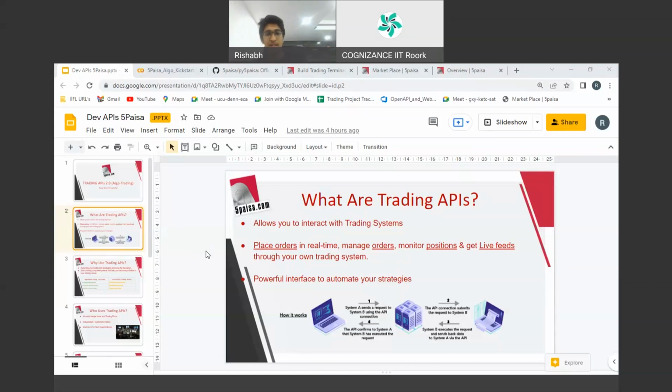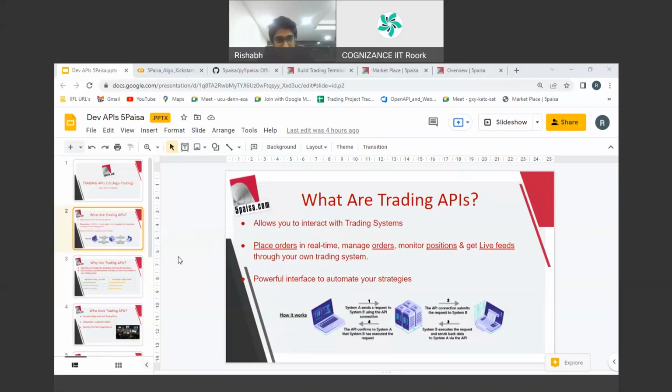All the sessions in the start were to explain how orders are important and how APIs are used to send your orders from your application to the exchange, so that you can take trades and execute your strategies on the platform, right? What trading APIs allow you to do is to place real-time orders, manage your positions, get live feeds, and automate your strategy. All these things are completely possible with trading APIs.